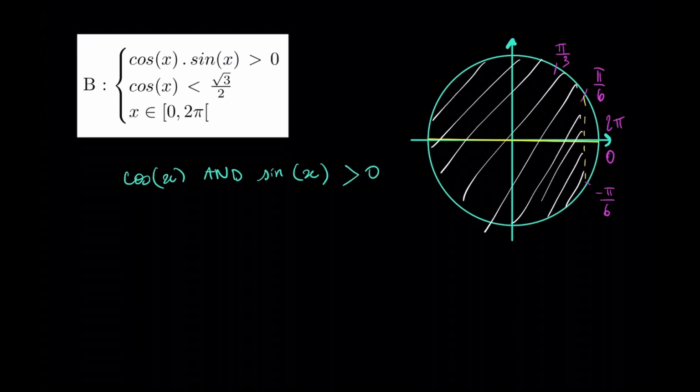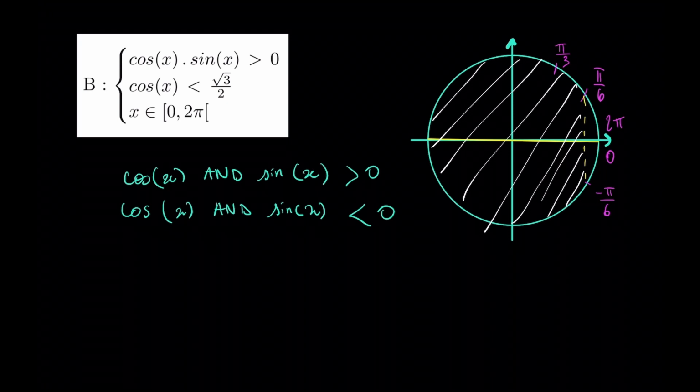The other case is if cosinus and sinus are both negative at the same time. In those cases, the result of the multiplication will be positive.